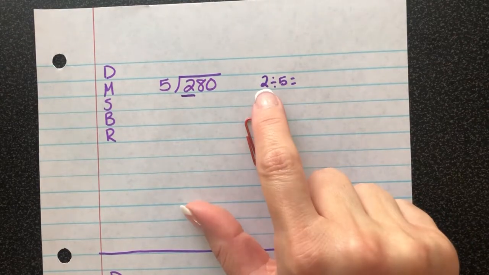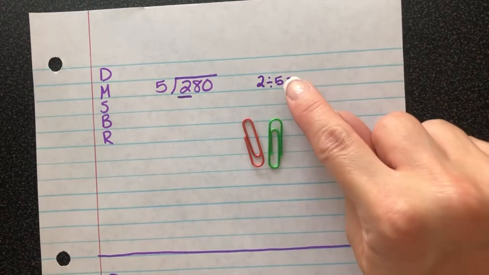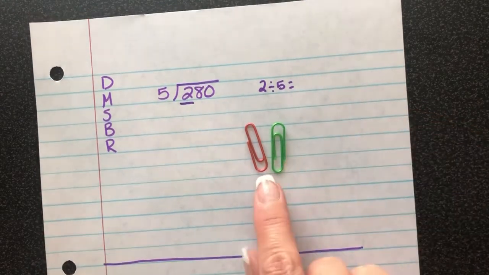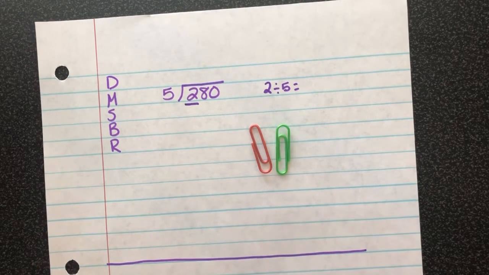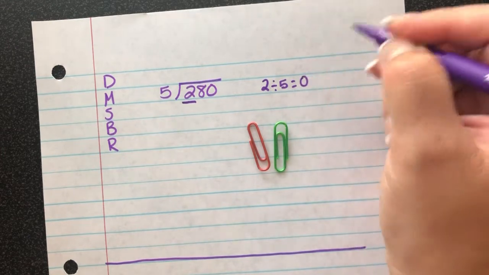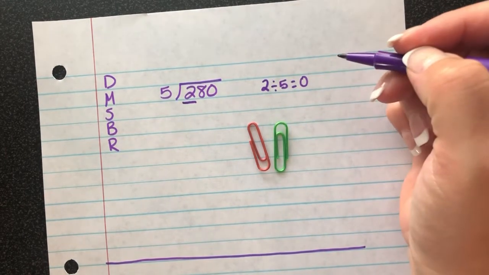That's what the dividend means. That's your total. It's not possible for me to take a group of 5 paper clips out because I only have 2 of them. So we're going to say that 2 divided by 5 is going to be 0, because we cannot take any groups of 5 out of 2.